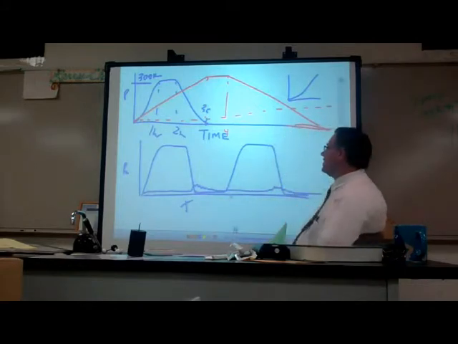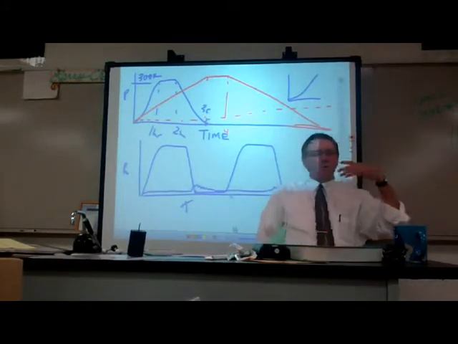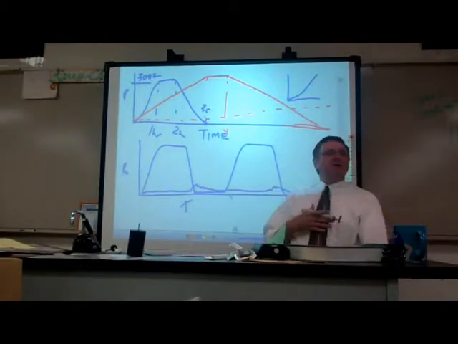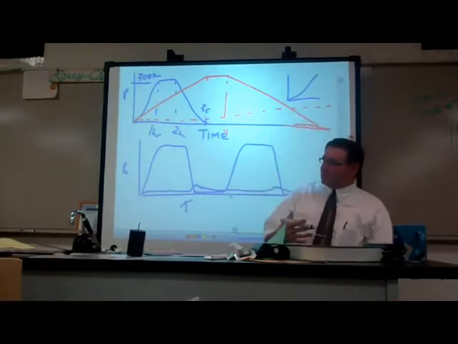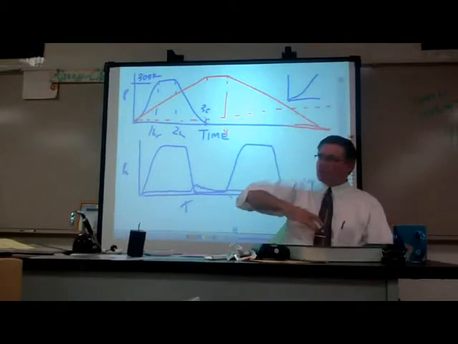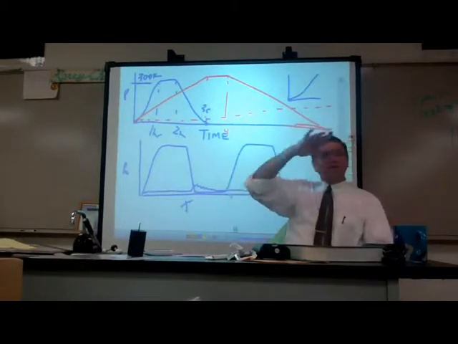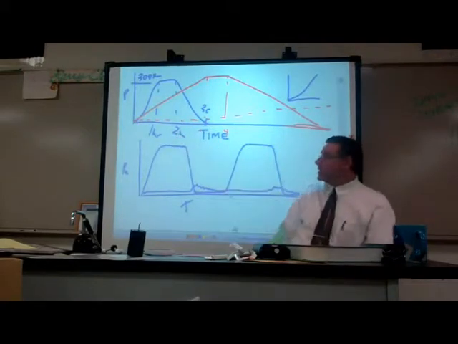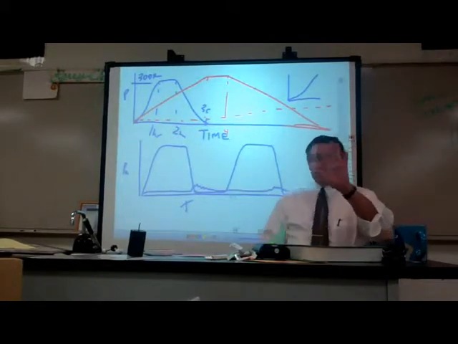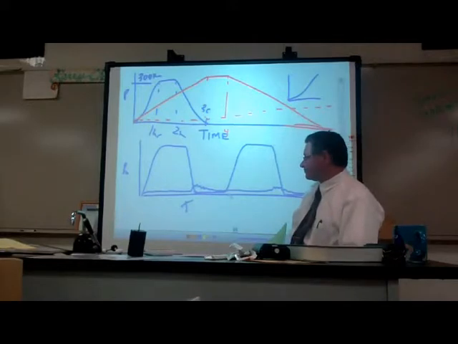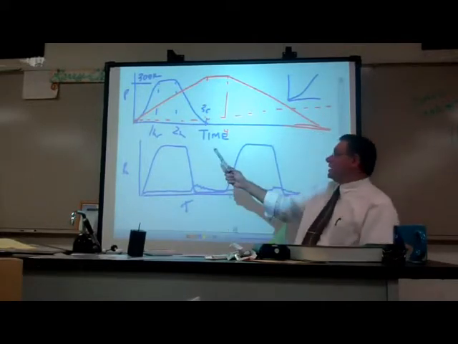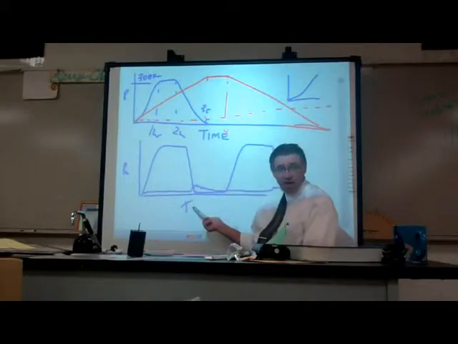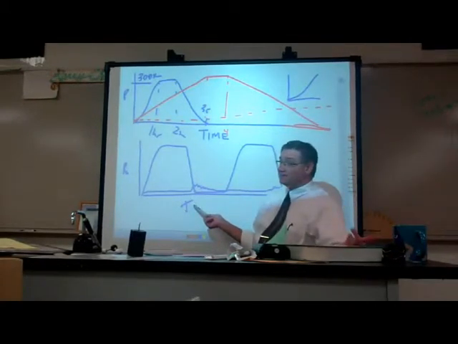Okay, so one of the things that you have to keep track of when you're looking at position time graphs is which axis are you looking at? Are you keeping track of vertical versus time, or are you keeping track of horizontal versus time? Now, what's true no matter what you do, if your slope changes sign, you did what?